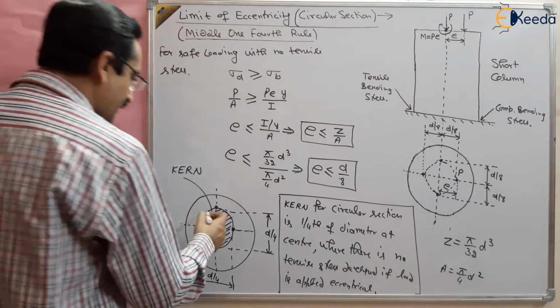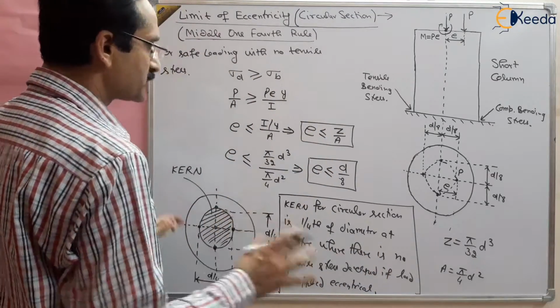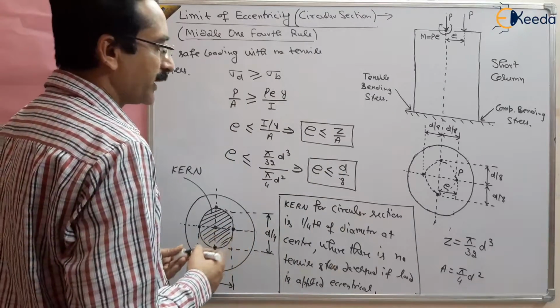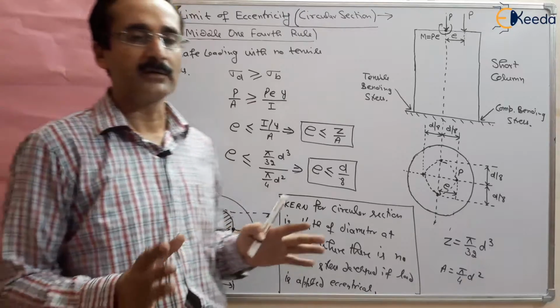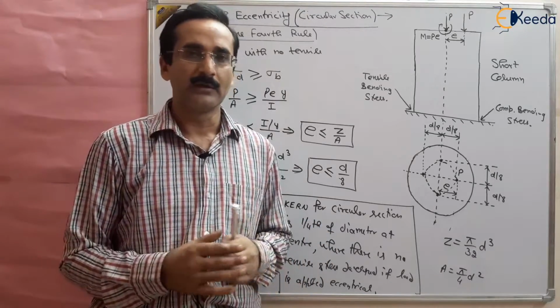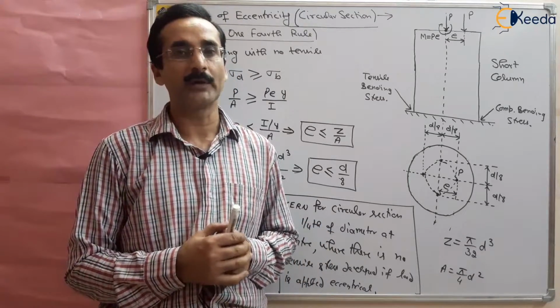If load is applied eccentrically in this area, there will be no tensile stress developed anywhere in the material, right? So this is the limit of eccentricity for circular section, which is also called middle 1/4 rule.